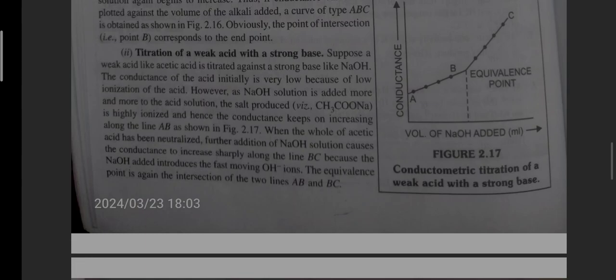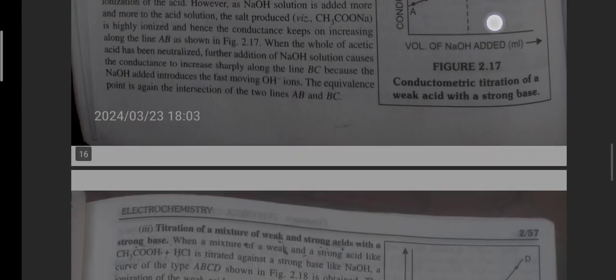When the whole of the acetic acid has been neutralized, further addition of NaOH solution causes the conductance to increase sharply along the line BC because the NaOH added introduces the fast moving OH- ions. The equivalence point is again the intersection of the two lines AB and BC.